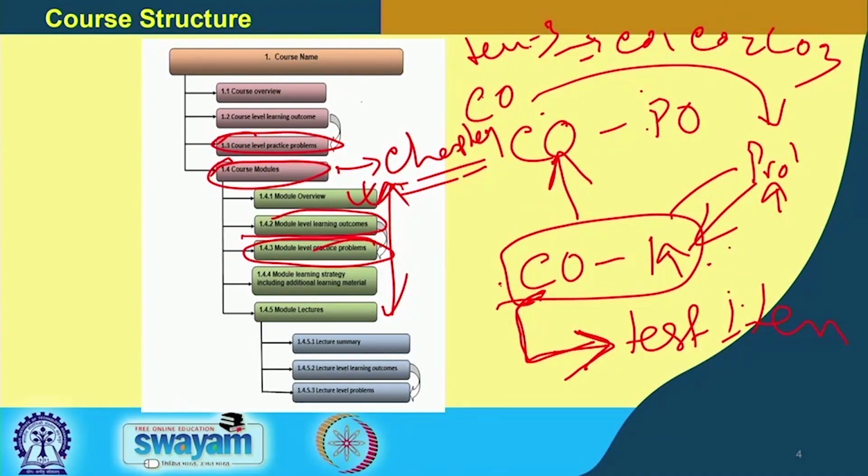Then module learning strategy. What is module learning strategy? People say today a lot of material is available on the internet. You can search Google for any topic, thousands of pages will open up with material about that topic. How do you find out how much material is required and for what purpose?